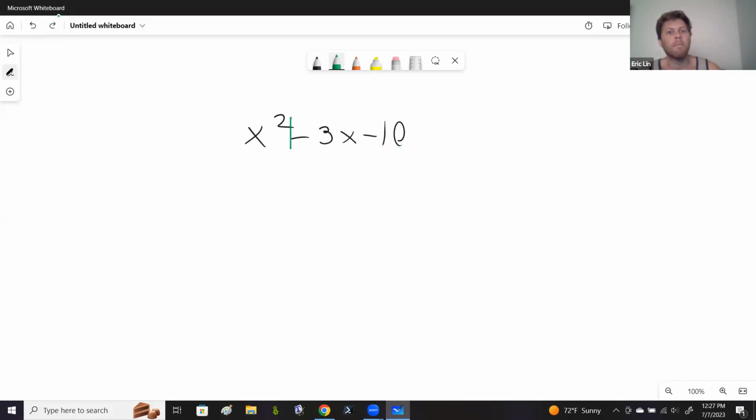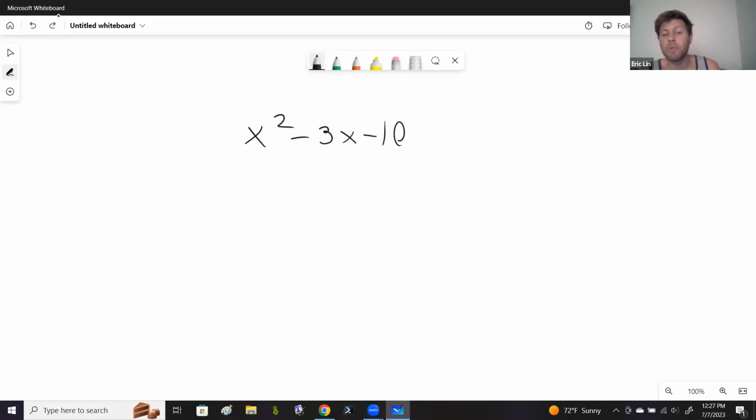What the negative middle term tells us is that the negative one is bigger. So unlike last time, where the positive one was bigger, our two numbers add together to give us a negative number, so the negative number must be larger.